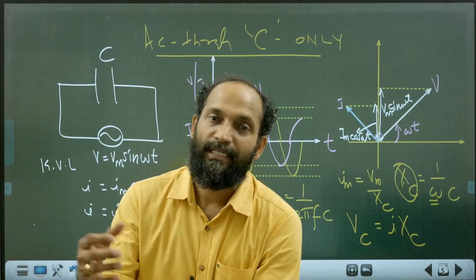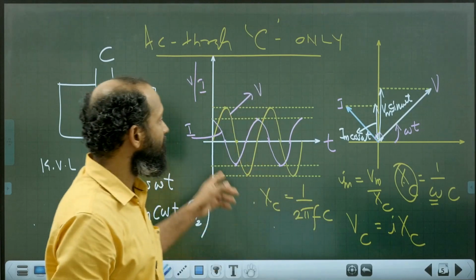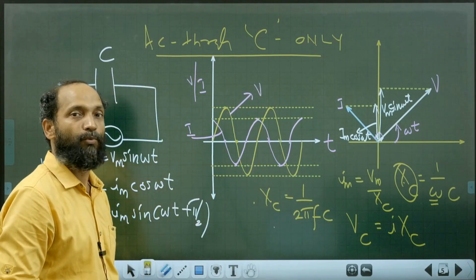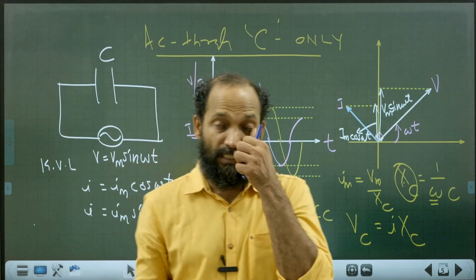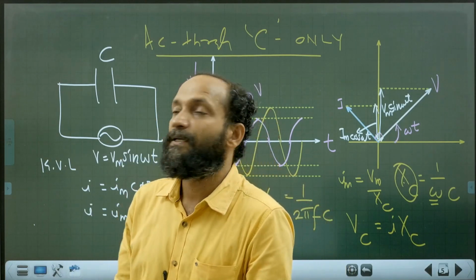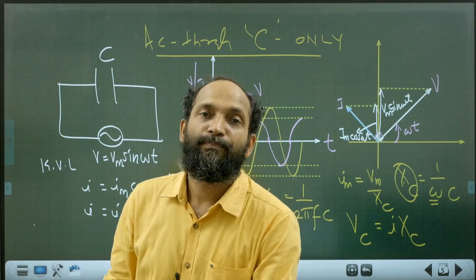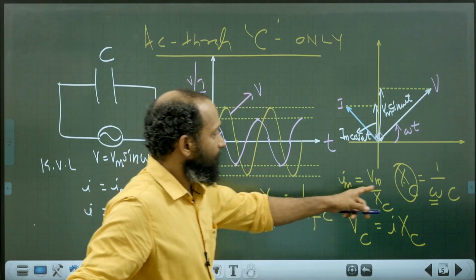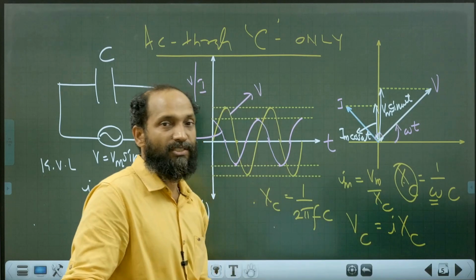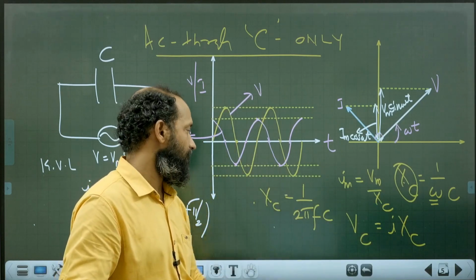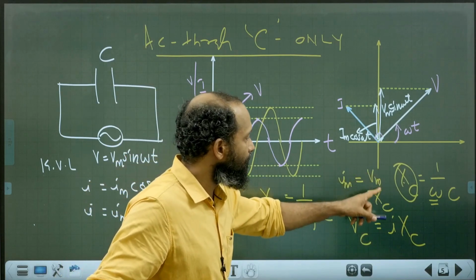As you increase the frequency of the supplied AC in a capacitor only circuit, what happens? Students, listen: as you increase the frequency of the AC supply to the capacitor only circuit, capacitive reactance decreases, thereby increasing current. Current is equal to Vm by Xc.